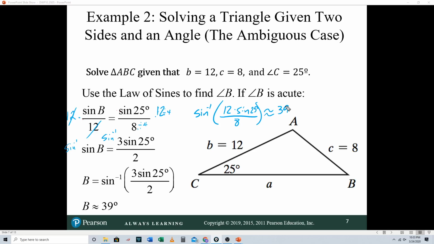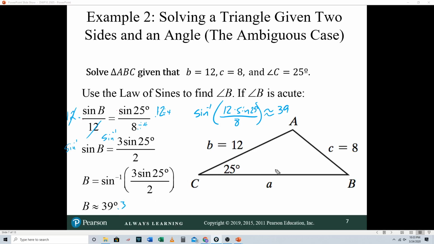Let me see. So arcsine of fraction button 12 times sine of 25 over 8. Yeah, 39.3. So I would have put 39.3, but that's just me.